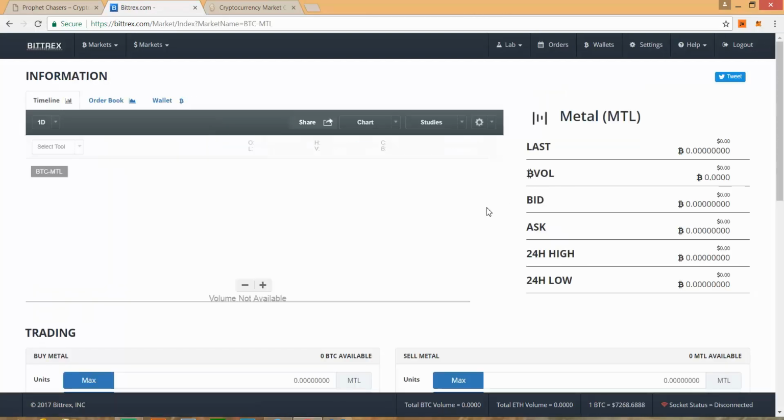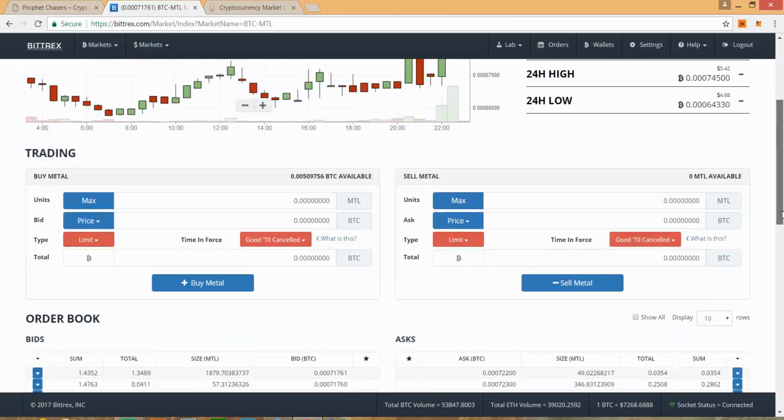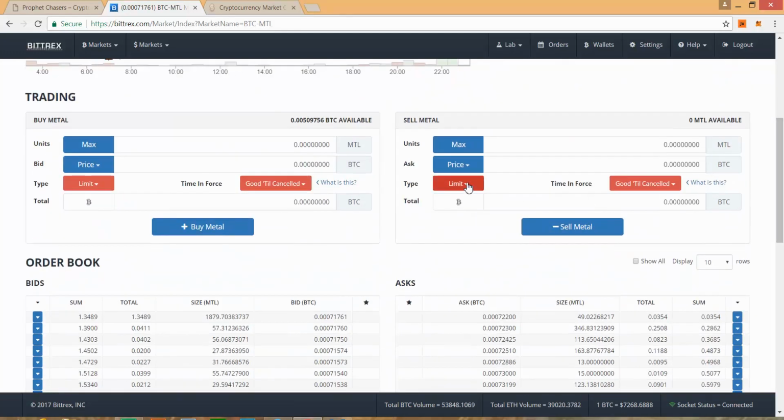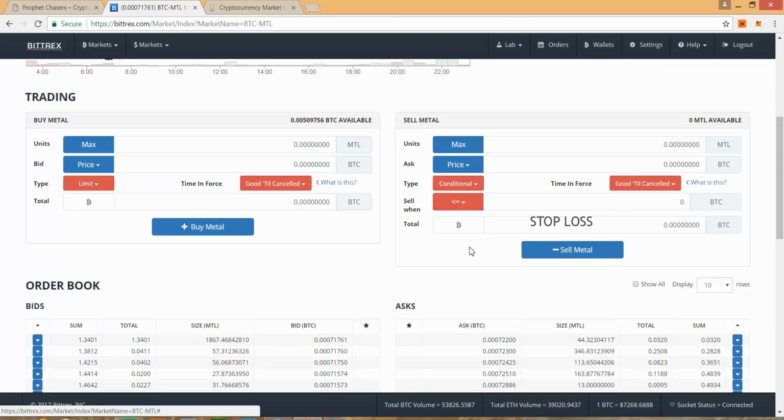So if it's on a downslope or it hasn't broken out yet, you're going to do the same thing, put a conditional, and you're going to sell if less. All right, guys, you're going to sell less than or equal to a price where your stop loss is.